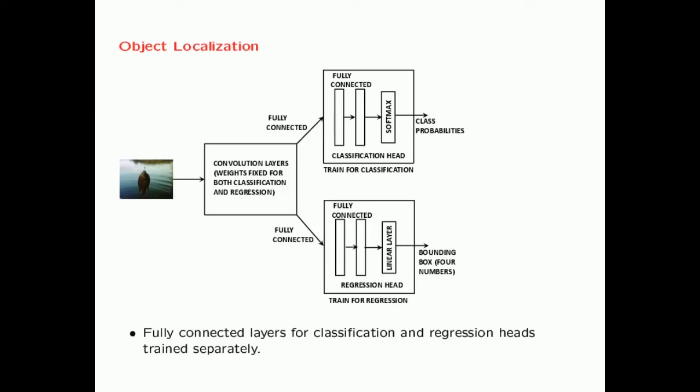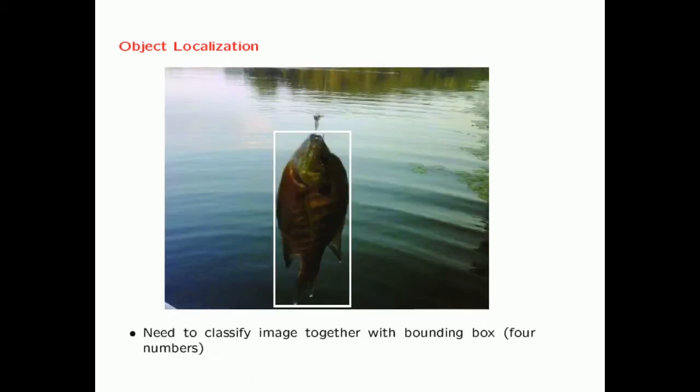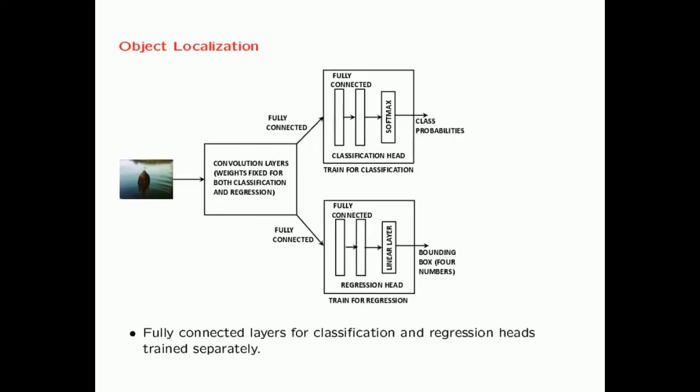And now you can train it with your object localization data. It's assumed that you have training images with these class labels as well as these 4 numbers given to you. And what you do is attach 2 heads, so you change the output layer. You have a classification head and you have a regression head. You attach both to these convolution layers.